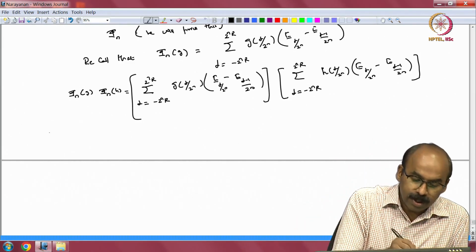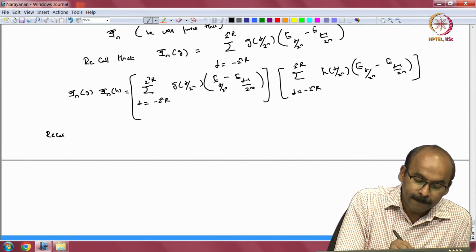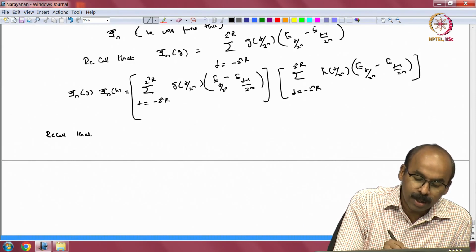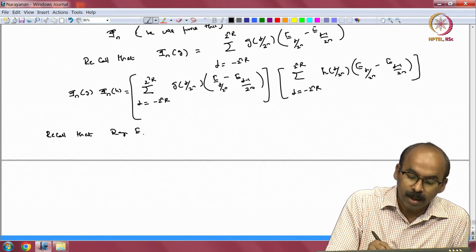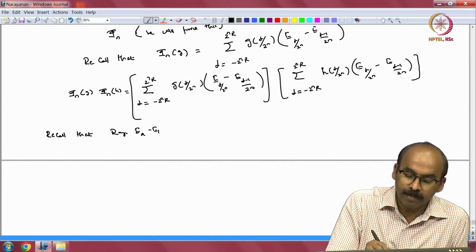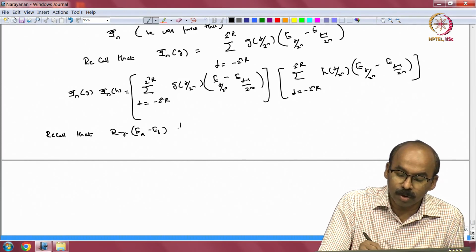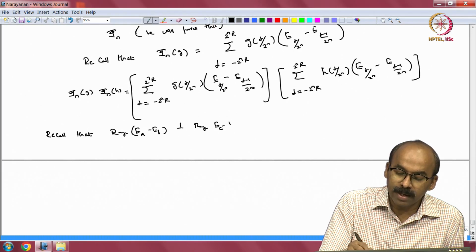So, recall that range of E A minus E B is orthogonal to range of E C minus E D, okay.